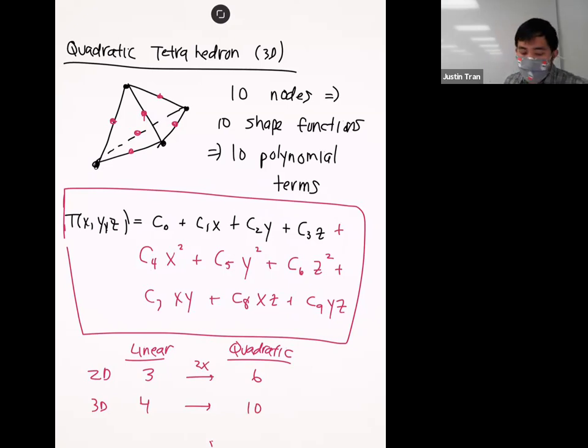Whereas for the 3D case, our linear version had 4 nodes and our quadratic one had 10, which is a 2.5x increase in the cost. This trend is consistent between the quadrilaterals, the linear and the quadratic one, and you'll see very soon for the hexahedra too. What this means is that in higher dimensions, in 3D, you pay a little bit more of a cost to go from linear to quadratic.